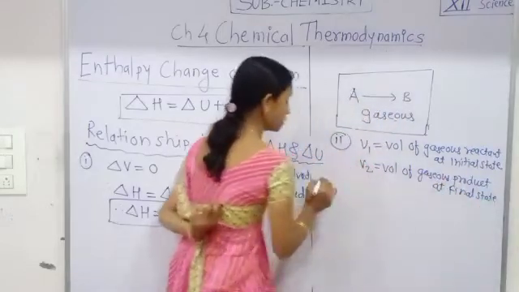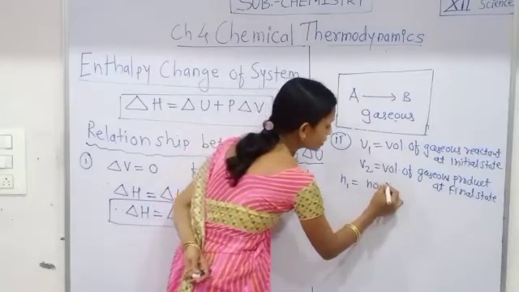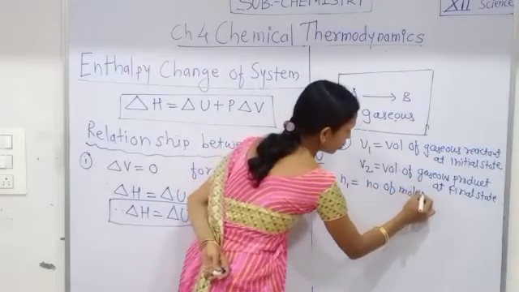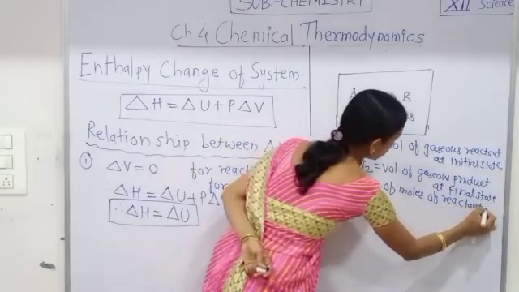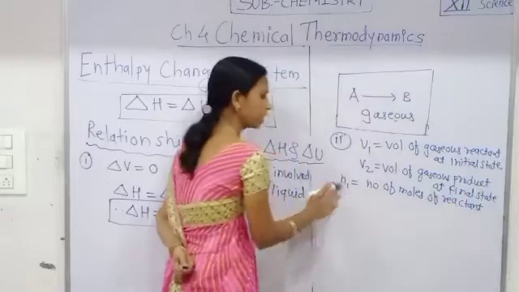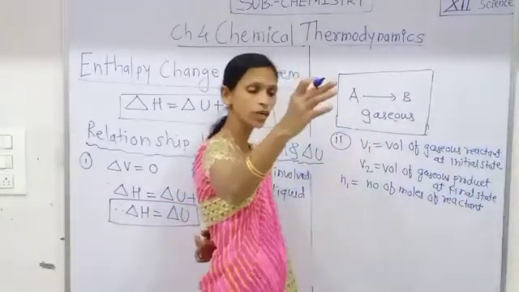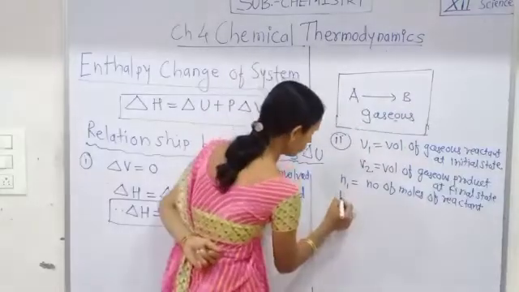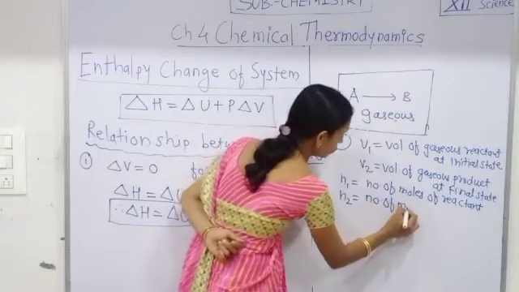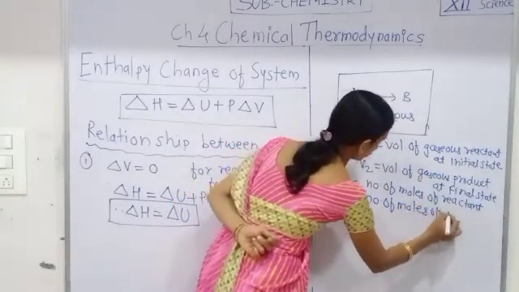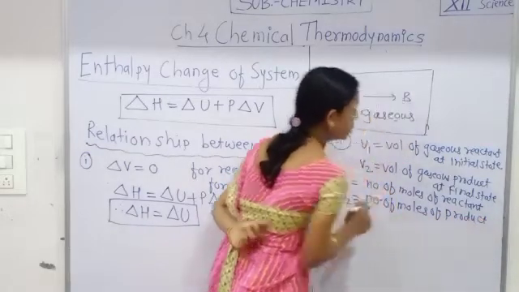And suppose N1 is the number of moles of reactant molecules when the system is at initial state, and when the system reaches the final state, products are there. Therefore N2 is the number of moles of product when the system reaches the final state.